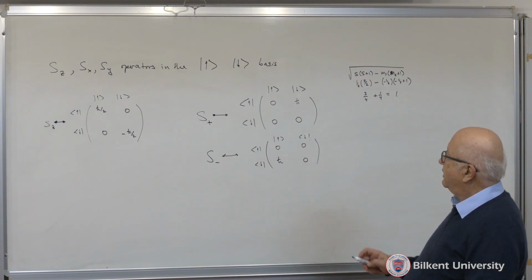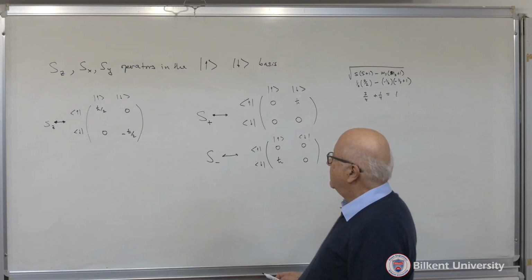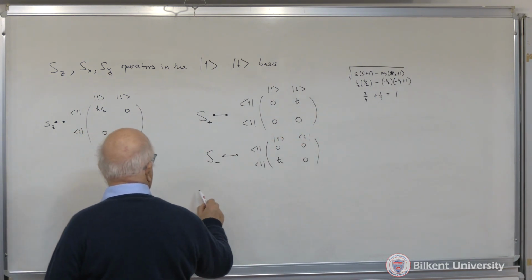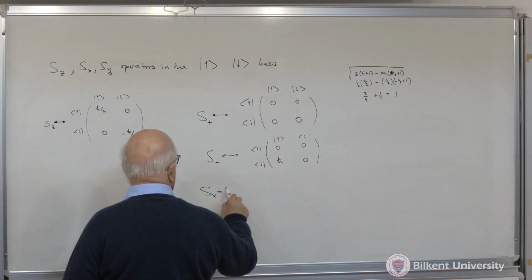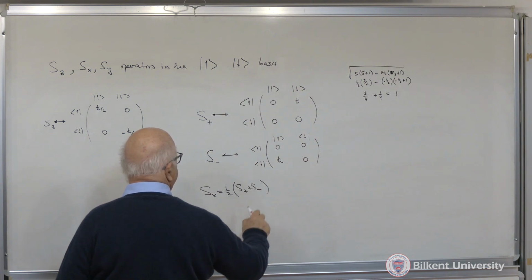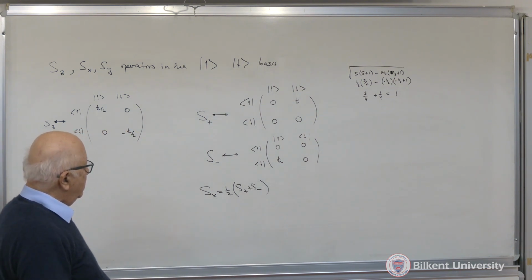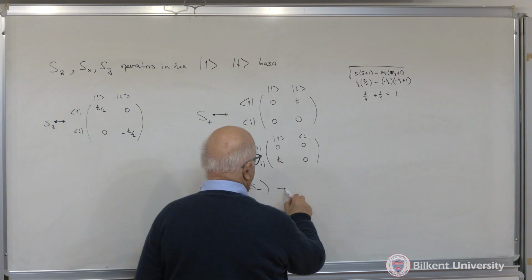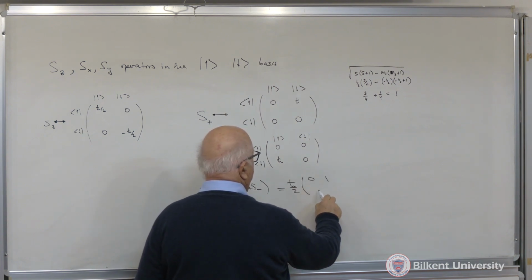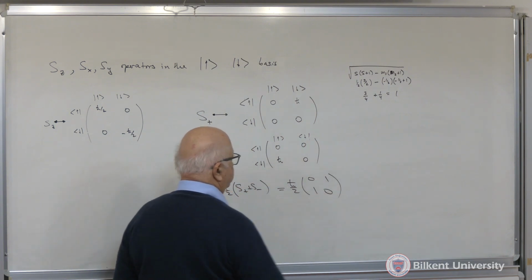And that means I can now find what Sx and Sy are. Sx is going to be equal to 1 over 2 times S plus plus S minus. So it's going to be h bar over 2, 0, 1, 1, 0.